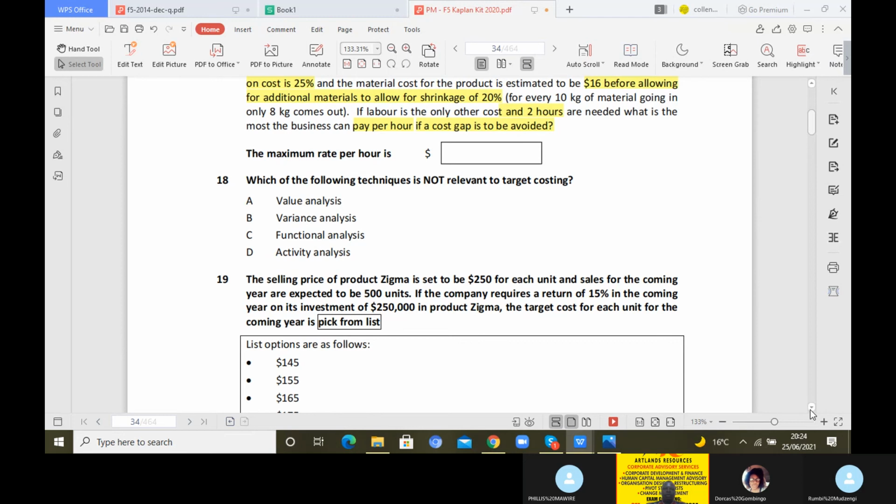Then question number 18: which of the following techniques is not relevant to target costing? Can you type the answer in the chat feature?